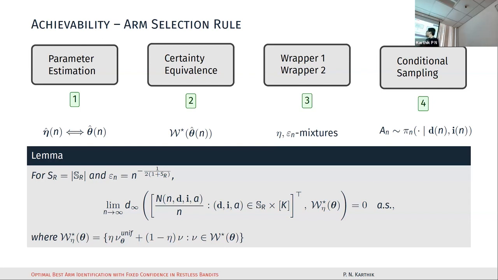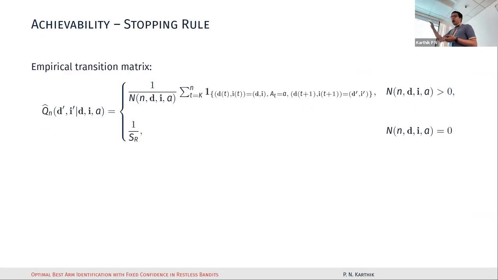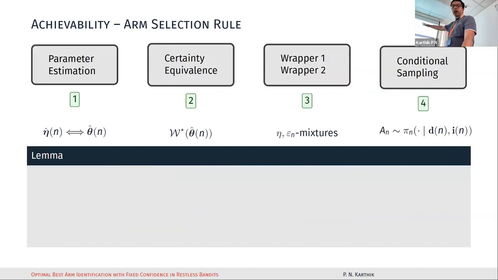So W eta star will have a convex combination with the eta because the outer wrapper eta is still there. This is like saying that we have an upper bound of 1 by 1 minus eta into T star. I showed you that upper bound in the IID setting, right? That eta comes because we were mixing it with uniform. We are also mixing with uniform. That's why this extra eta is there. But that's not of concern. So that was the arm selection rule. Whatever I showed was the arm selection rule.